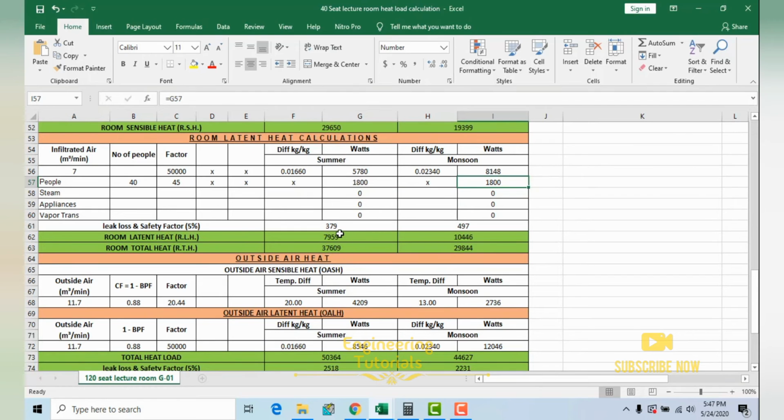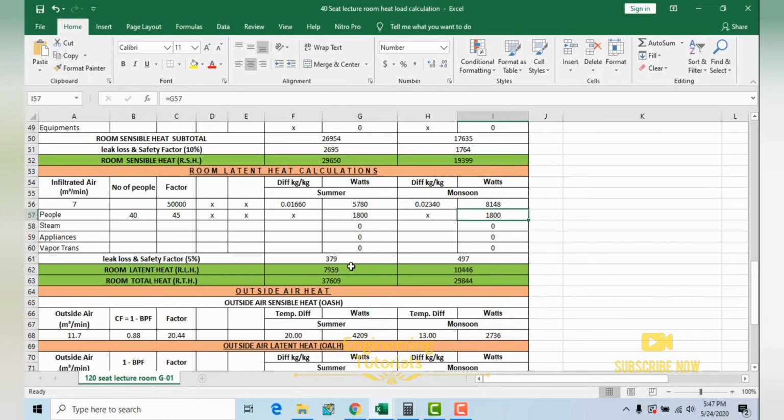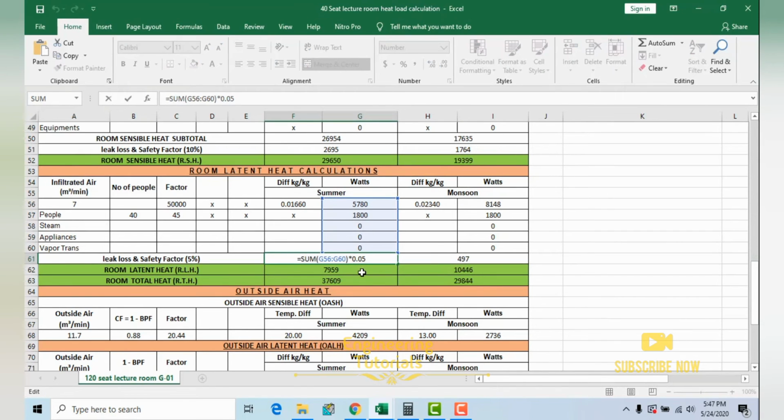So total latent heat is that much, and if we add a 5% safety factor, it will be this much. So with the 5% safety factor, you get the total latent heat here, that is 7,900.